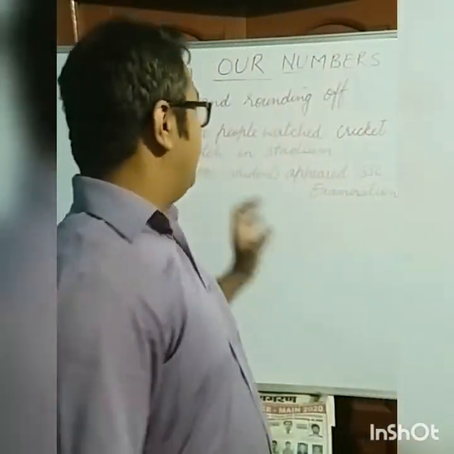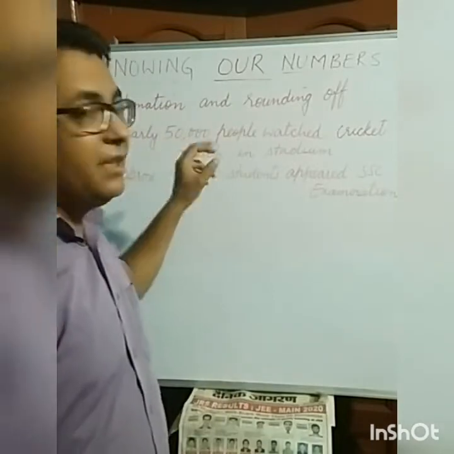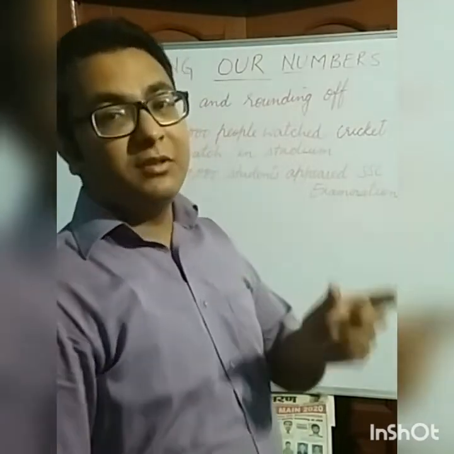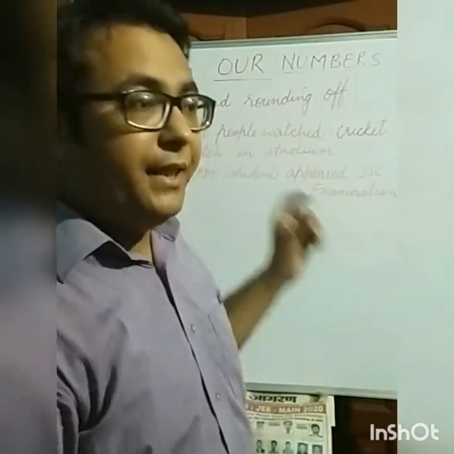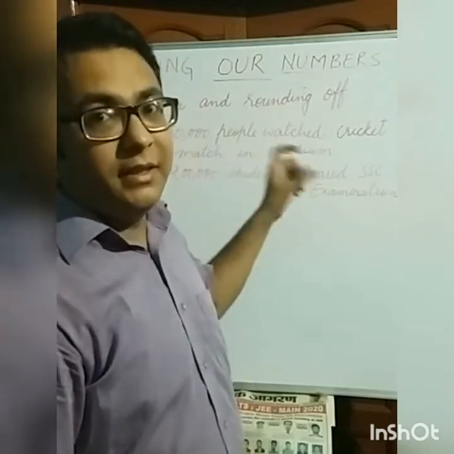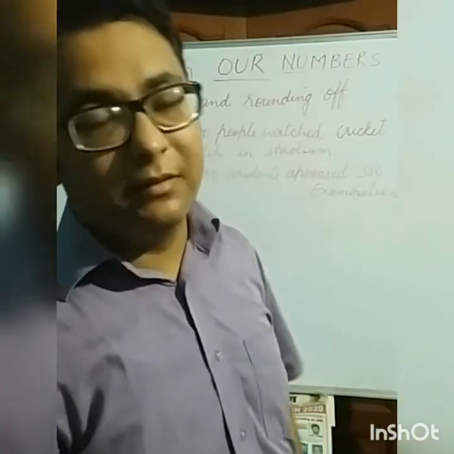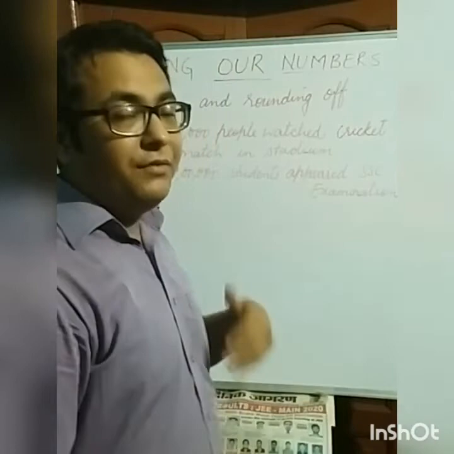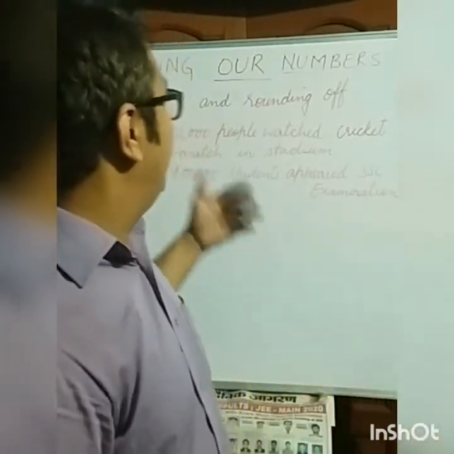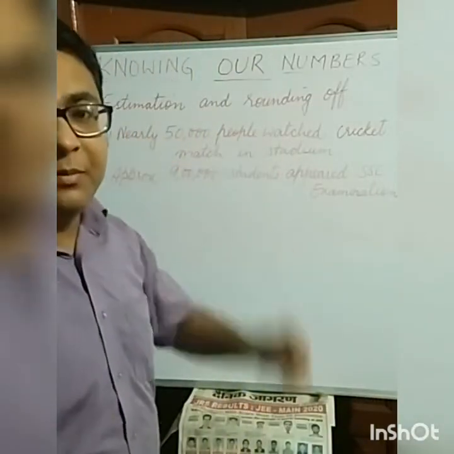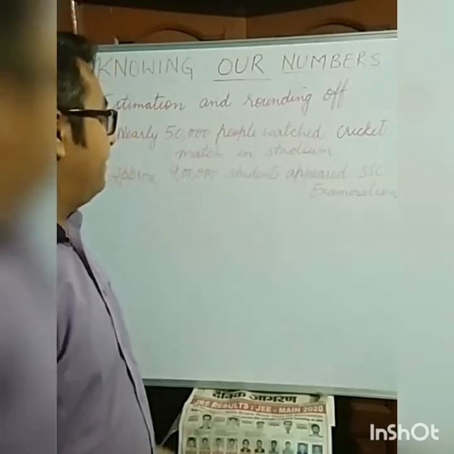So it's not exactly 50,000 people, but approximately 50,000. It can be a little bit more or a little bit less, but not exact. But for our convenience, we say that approximately 50,000 people watched the match in the stadium.